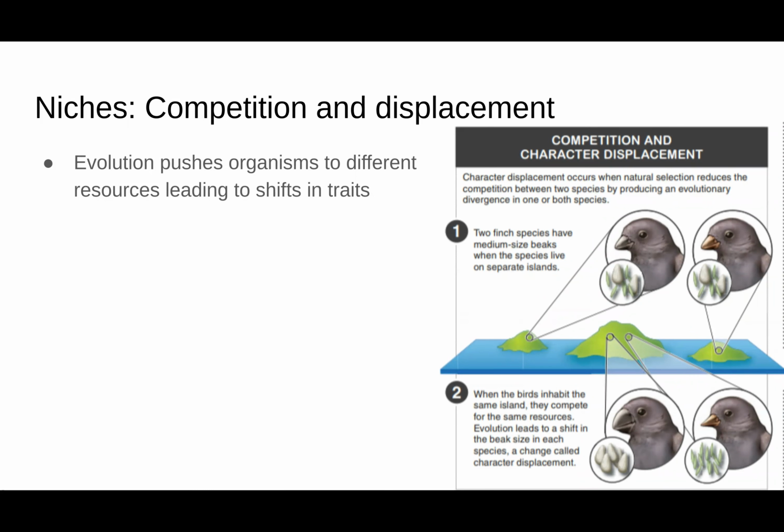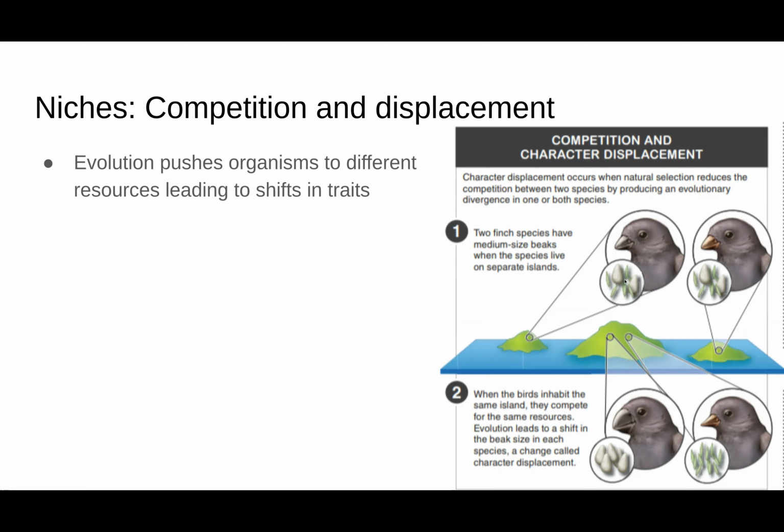And just as a note, when we think about this idea of niches, it does directly tie back to evolution. Remember that evolution acts upon everything big and small, and it's all about the environment selecting. What evolution naturally does is push organisms to different resources. Now, if you have two species of finch here, and they're on two different islands, they're eating the same resource, right? If you bring those two birds together, they're now competing over that same food source.